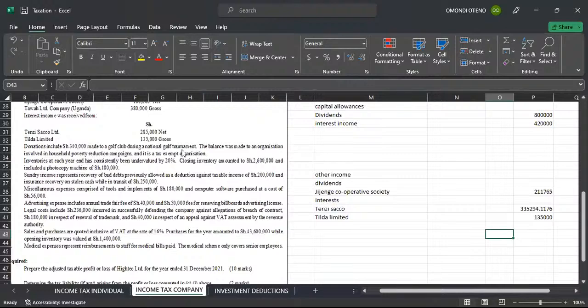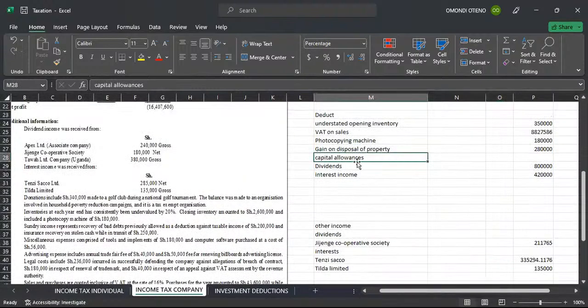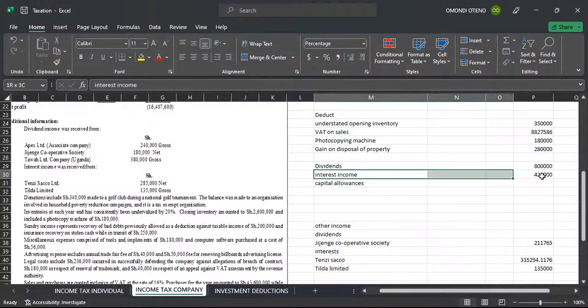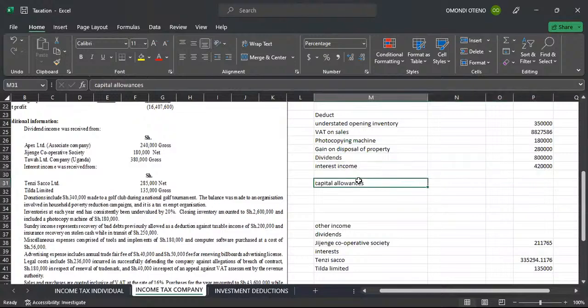Once that is taken care of, there's an item which is remaining, that is capital allowances. Now we are going to put them here and list the assets which are going to qualify for the capital allowances. The assets which we were deducting, or the assets which we are adding back.